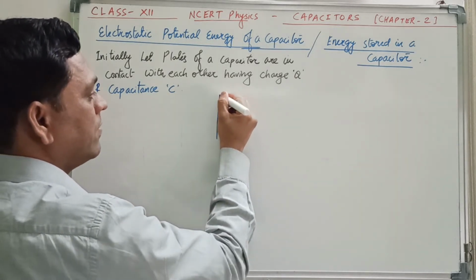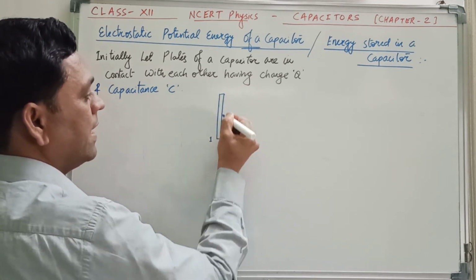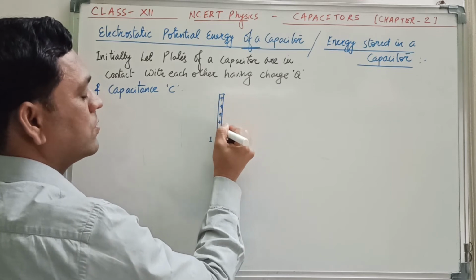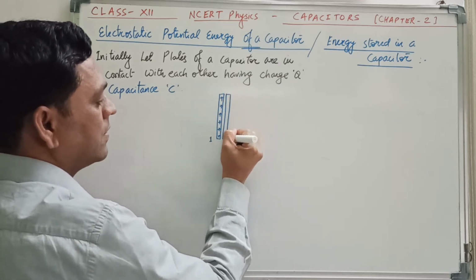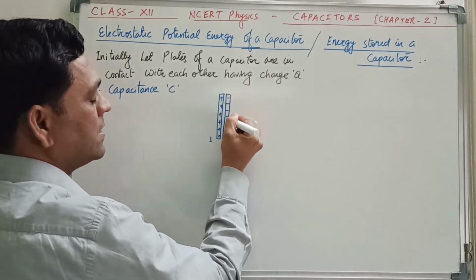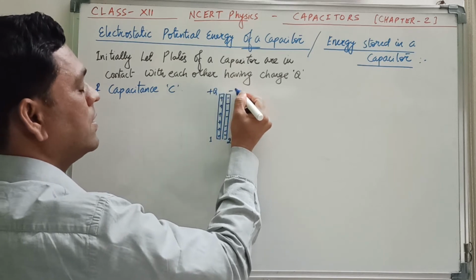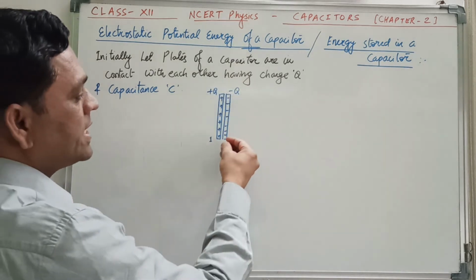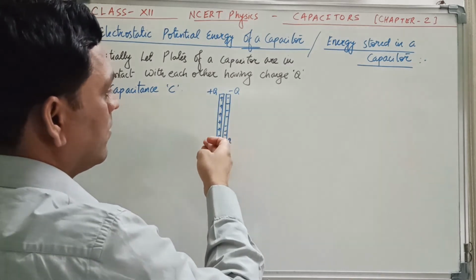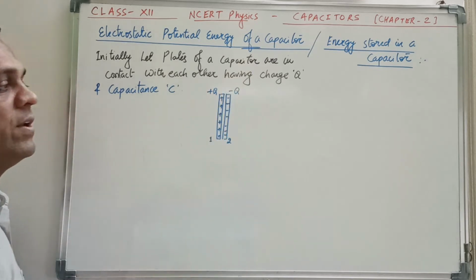Let this is the plate 1, having some charge plus Q, and this is the plate 2, having some charge minus Q. So this is having plus Q and this is having minus Q. Now let the plate 2 is moved slowly from plate 1, or plate 2 is moved away from plate 1 very slowly.